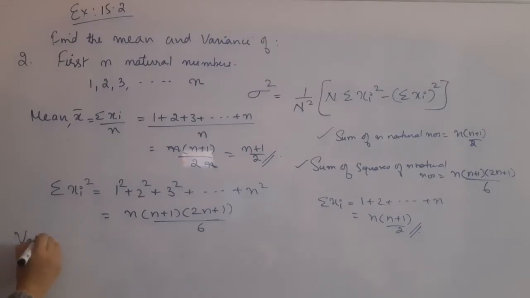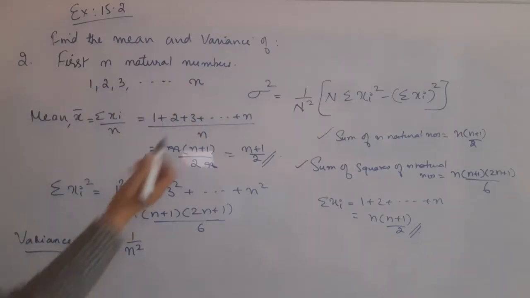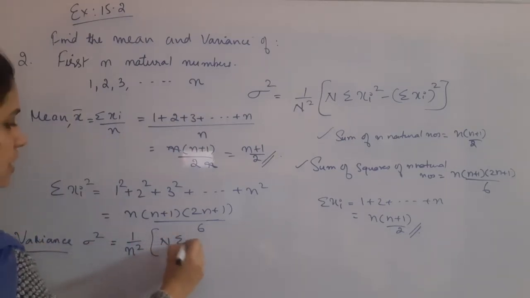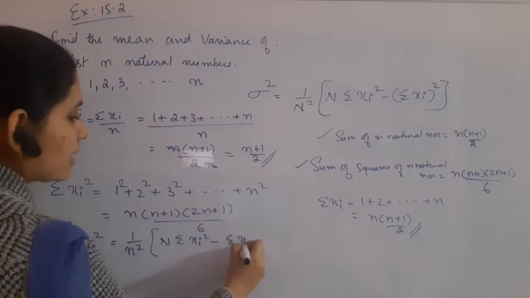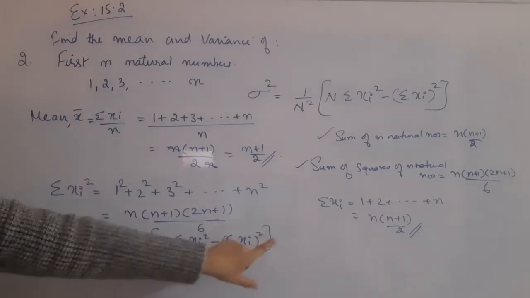So variance, sigma square, is equal to 1 by n square. You can use small n also, because here you have the total number as small n. When you have frequency then you can use capital N, which is sigma fi. Here n into sigma xi square minus sigma xi the whole square. We are just replacing the values of sigma xi square and sigma xi the whole square.